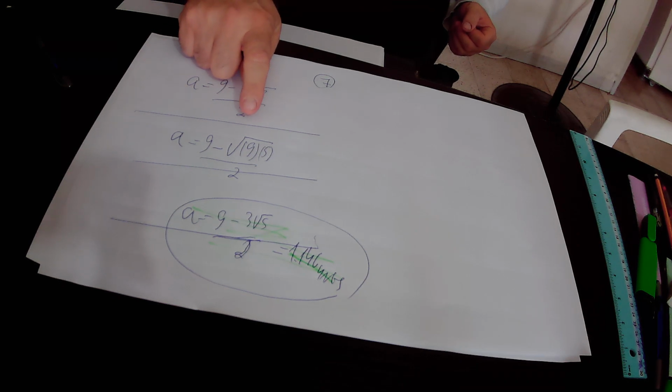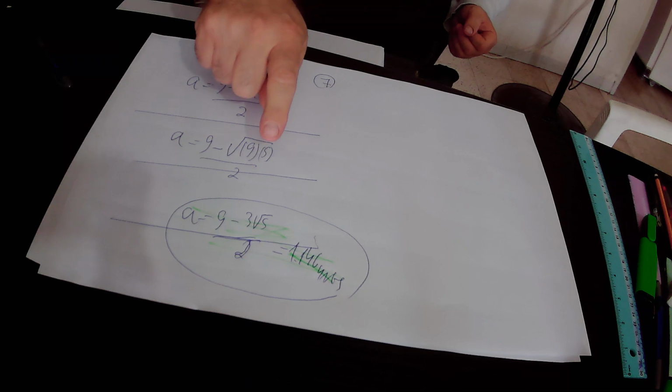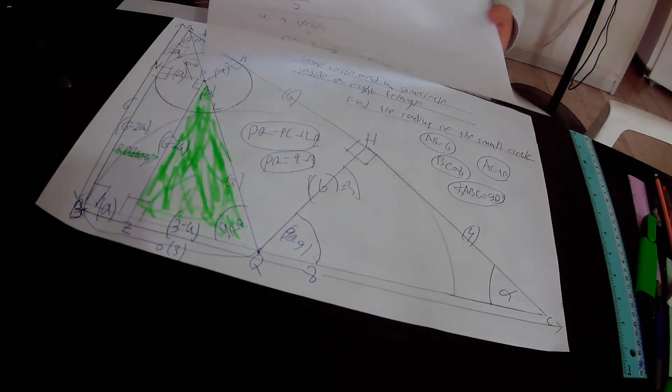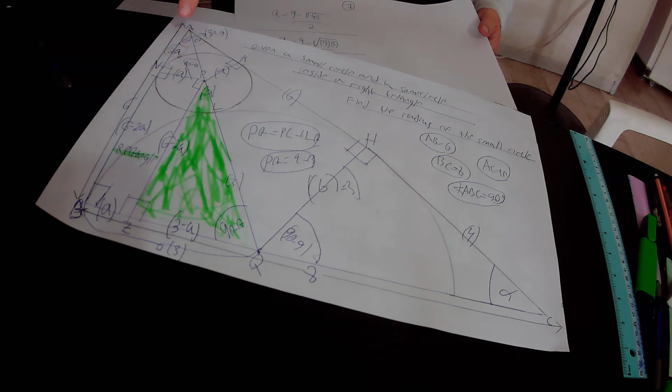The square root of 9 is 3, so in total the value of this expression is 3 times square root of 5. So inside the root we have only 5, divided by 2. In conclusion, the radius a of this small circle equals either 9 minus 3 times square root of 5, over 2 units, or in terms of numbers, the radius a of this small circle equals 1.146 units. Okay, thank you very much.